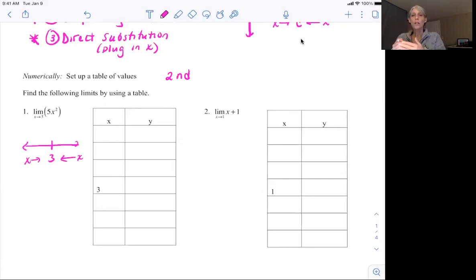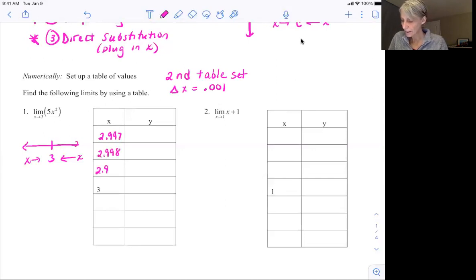Okay, so just to make our life easy, we're going to go into our calculator for a moment and adjust our table. We're going to go into a second table set, and we're going to have our delta x be 0.001. What that's going to do for us is make our x values look like this.